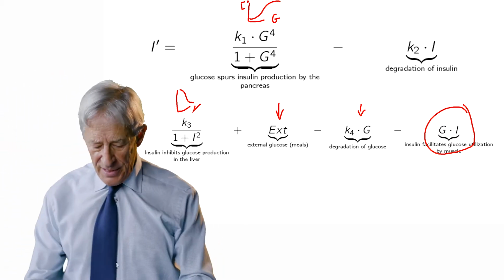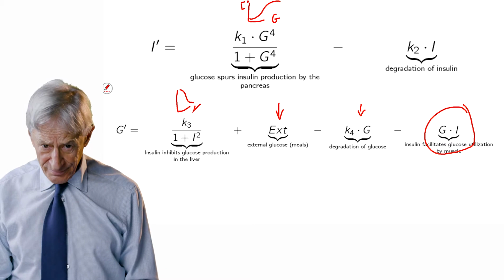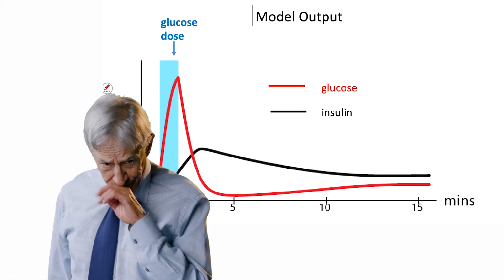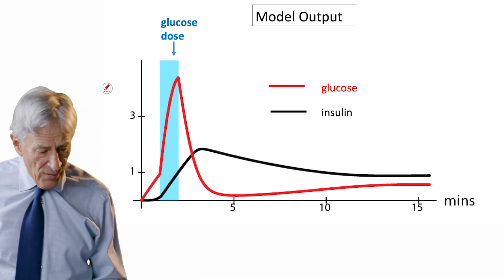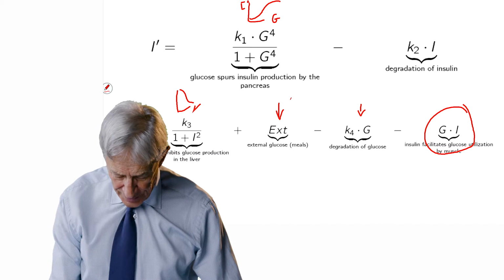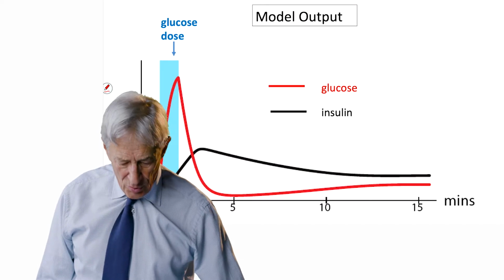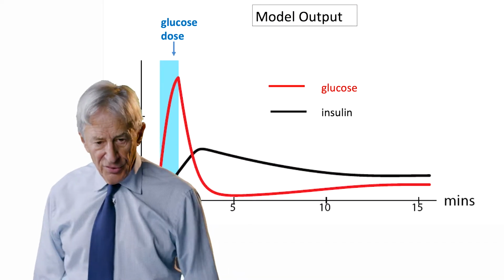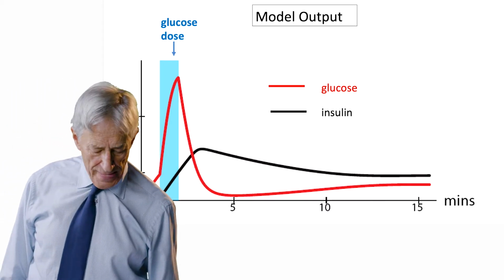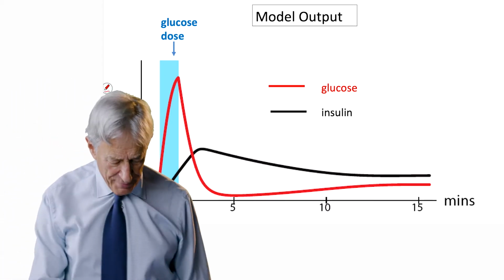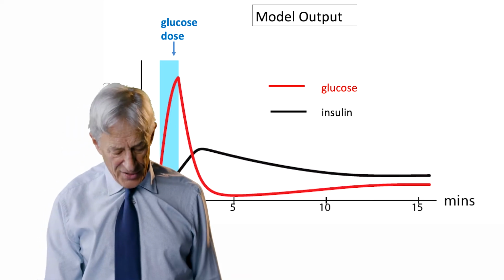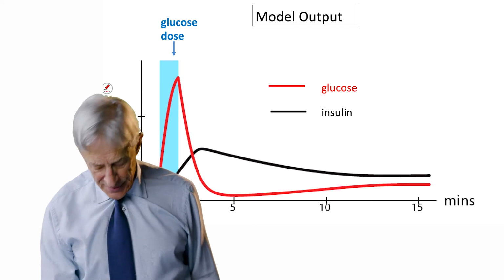So now, here is our model. Let's ask how that model behaves. Remember that external term here. When we give a glucose dose as our external term, that blue rectangle, the first thing that happens is glucose rises, and then insulin rises.